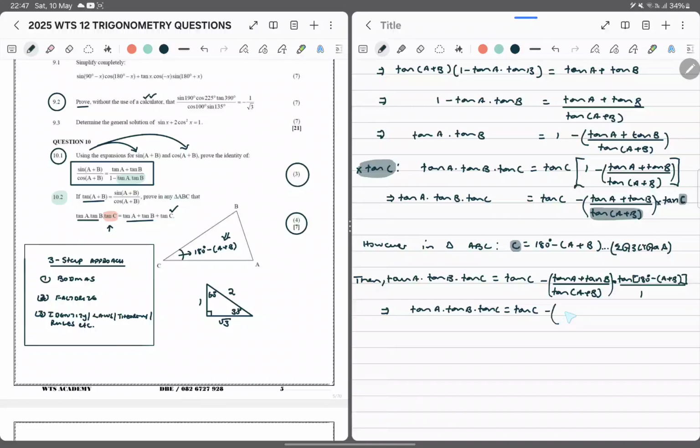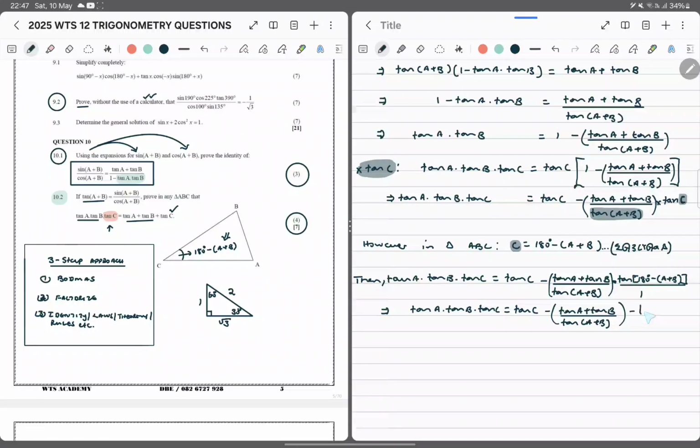Okay, so this is the bracket of 10a, 10b over 10a plus b times. Now we use reduction formulae, right? 10 of 180 minus, that's the second quadrant.